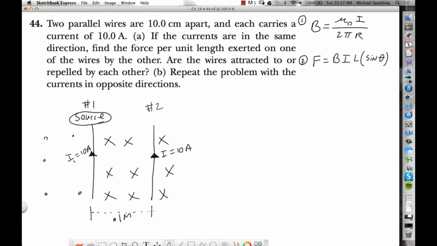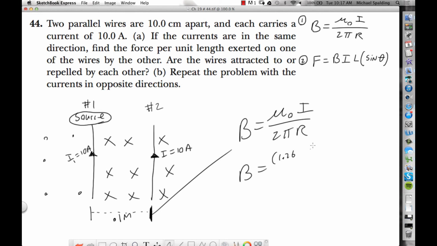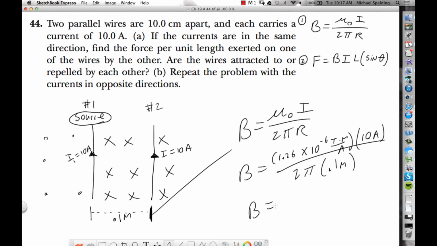How can we find that? B equals mu naught I over 2 pi r. So you plug into this. Mu naught is 1.26 times 10 to the negative 6 Tesla meter over amp. The current is 10 amps, over 2 pi times 0.1. So the magnetic field comes out as 2 times 10 to the negative fifth Tesla.